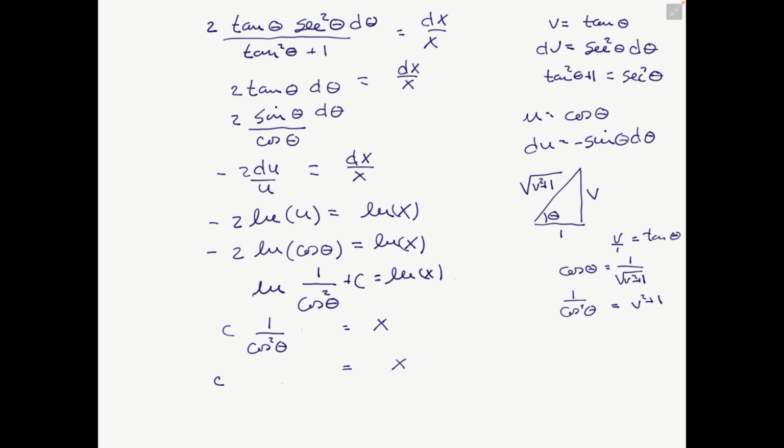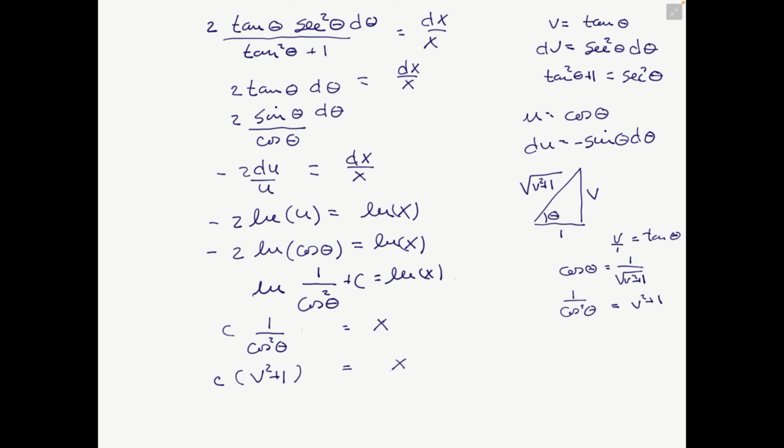And so we have c times v squared plus 1 equals x. And we do a little more algebra.